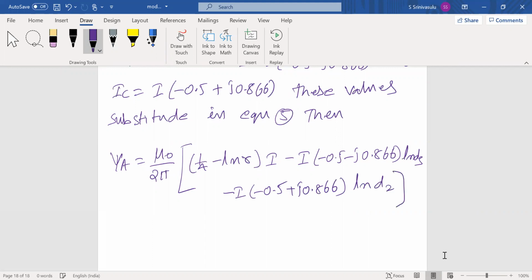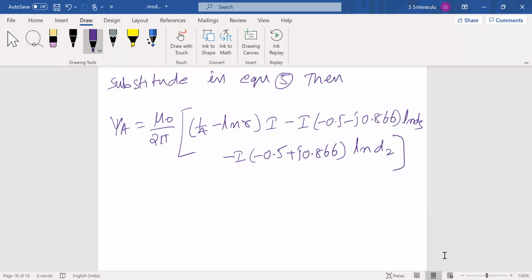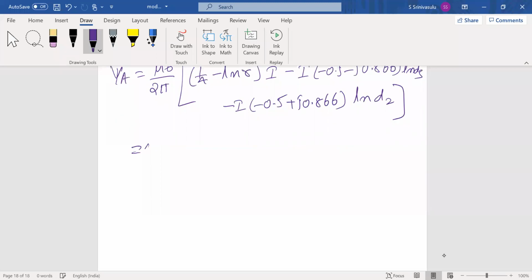Next, we write the real term on one side and the imaginary term on the other side. Mu naught by 2 pi and I are common, so I can put them inside. That is I by 4 minus I, where I is common.